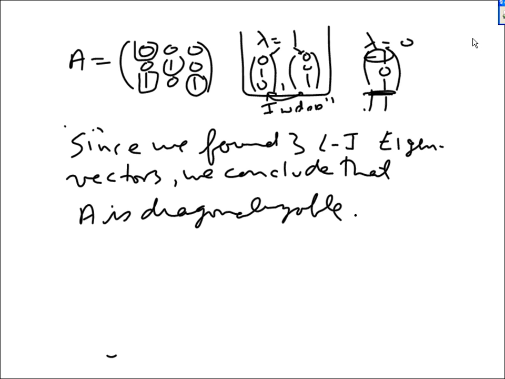Now, let us look at another problem. Suppose A is equal to [[1, 3], [2, 6]].